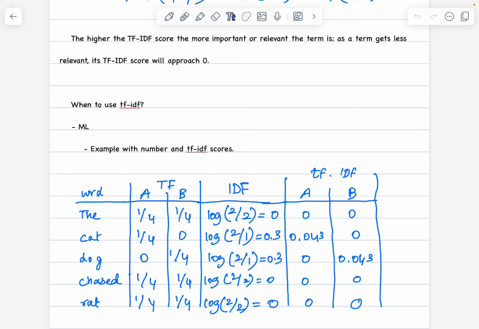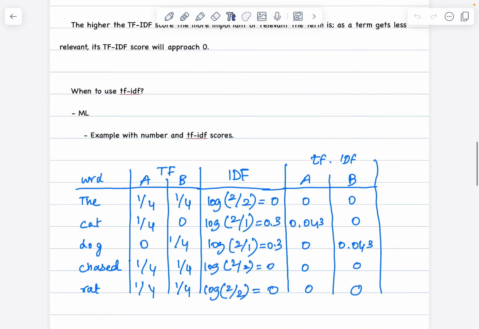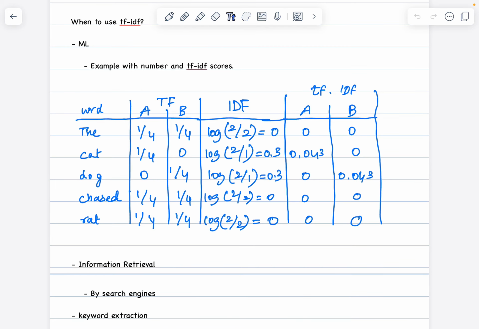Now we score TF-IDF and give importance based on these scores. What we see is that more importance is given to the words cat and dog, since the other words appear in both sentences. That's why more importance is given to the words which appear rarely, which are cat and dog.